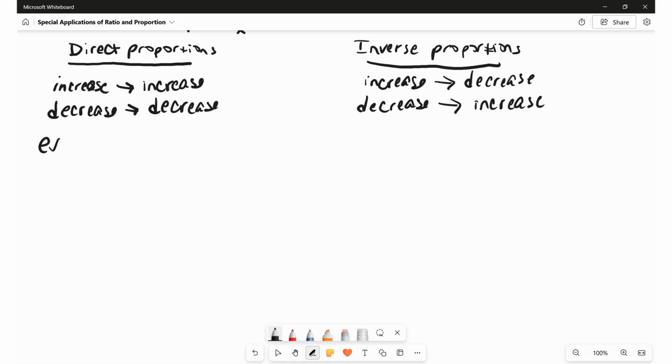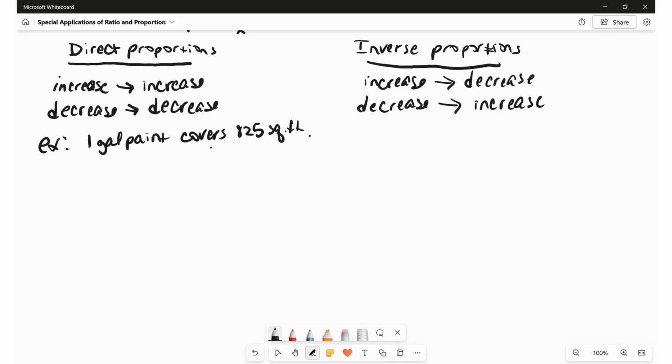So, what are some examples of direct proportions? Well, some examples would be if we know that 1 gallon of paint covers 825 square feet. Okay. Well, in this one, if we need to cover more square feet, we're going to need more paint.